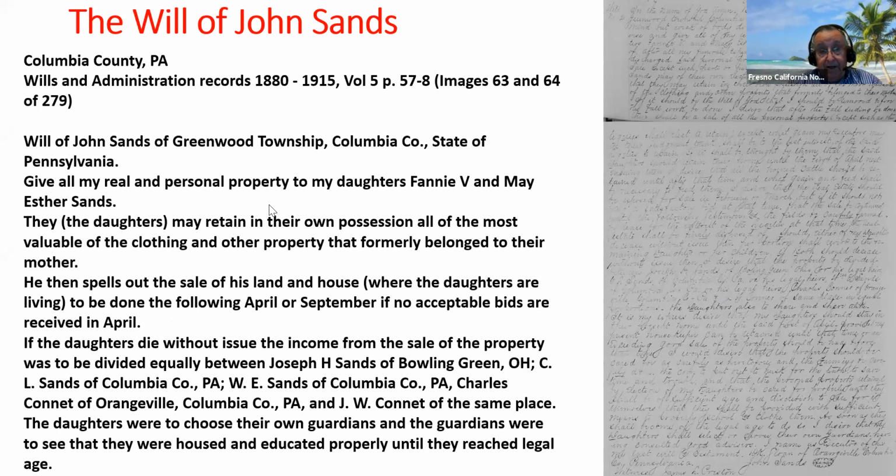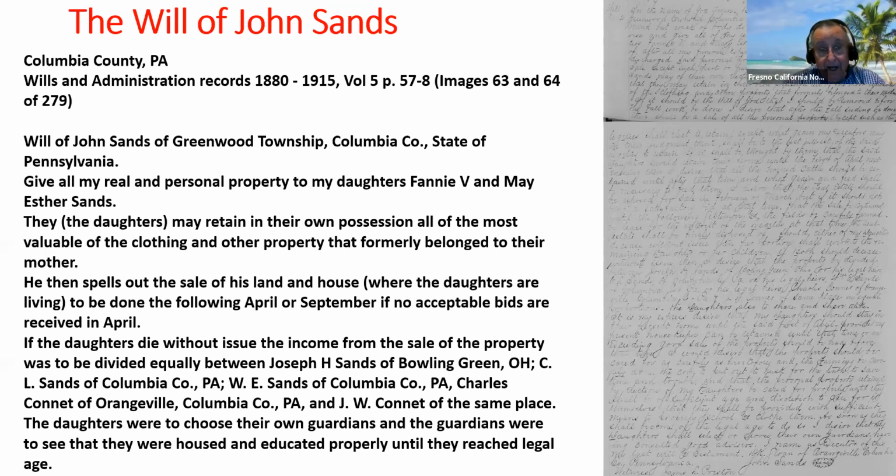Now it was interesting. He has 2 daughters. They were young in age. And so they're to retain possession of the clothing of their mother, who is dead. He spells out the sale of the land and house where the daughters are living. He was going to give them till April. If it didn't sell in April, wait till September for whatever reason and sell it then.